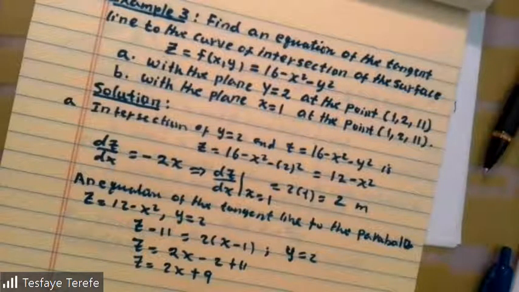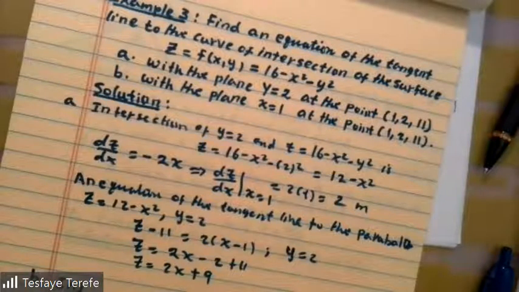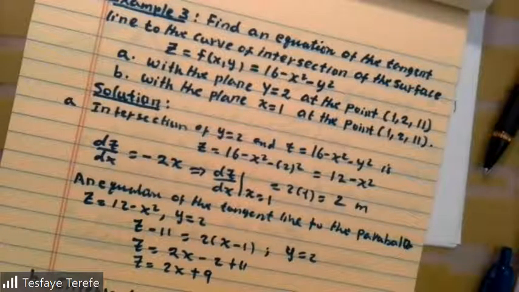And then we'll do the same thing for the value b, the intersection of x equal to 1 and z equal to 16 minus x squared minus y squared.